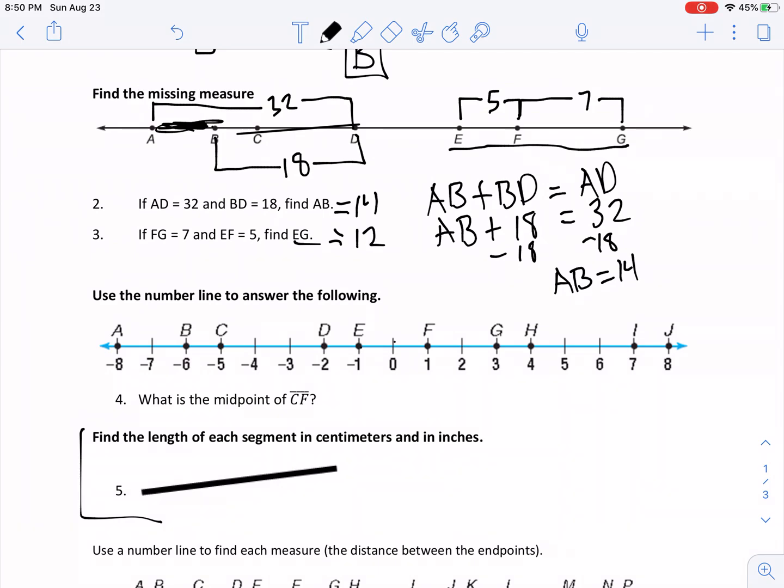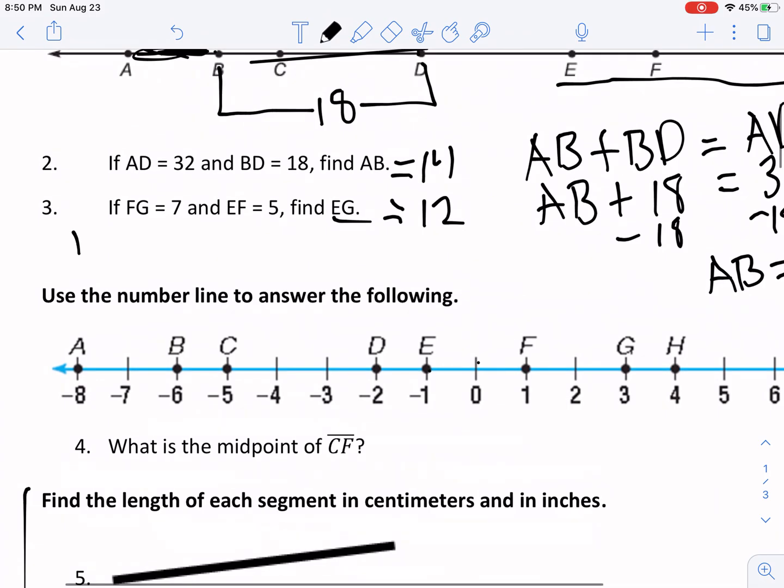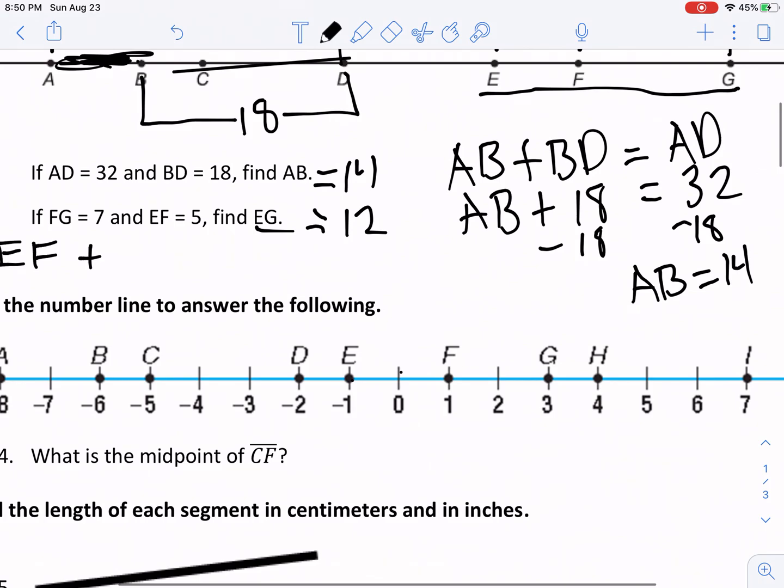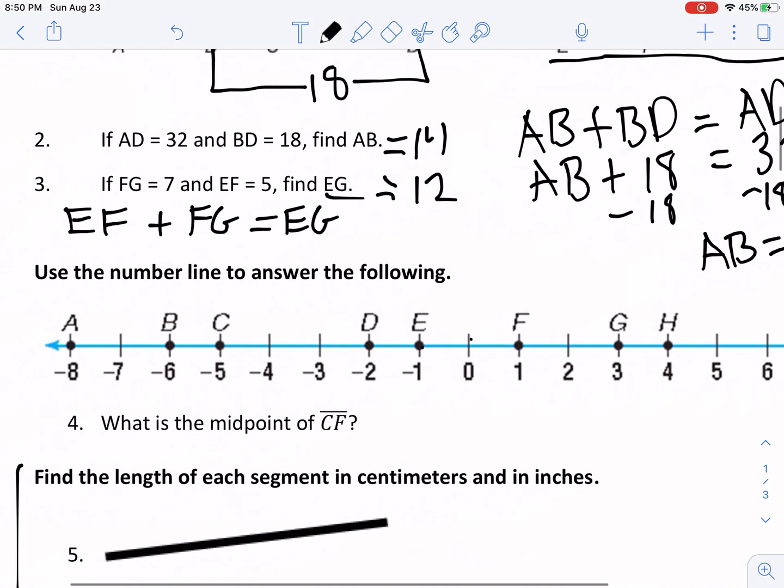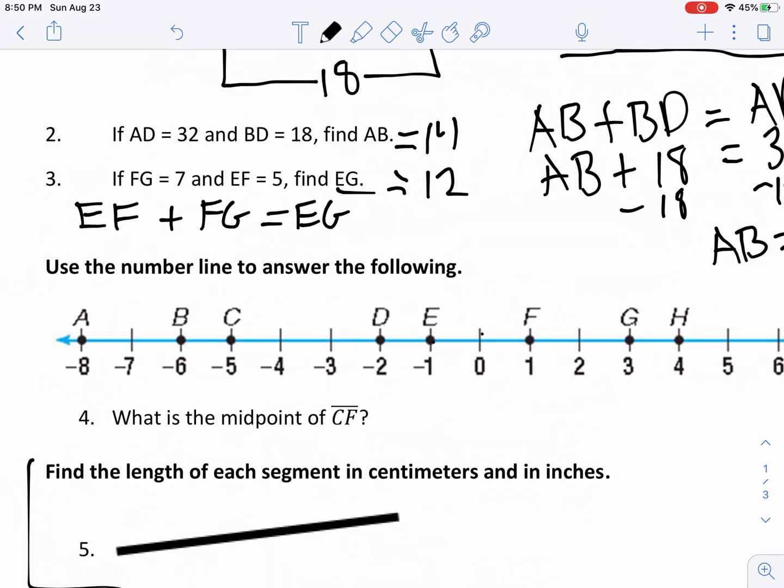Again, using that segment addition postulate, we know that EF plus FG equals the total distance EG. Well, we already know what EF is. EF is 5. We know FG is 7. So together, those two have to add to be the total distance. Well, what's 5 plus 7? 12. So either way, we get to the same solution.